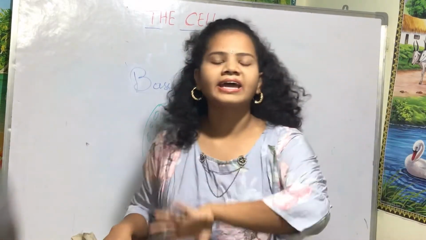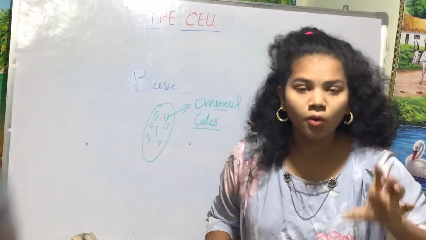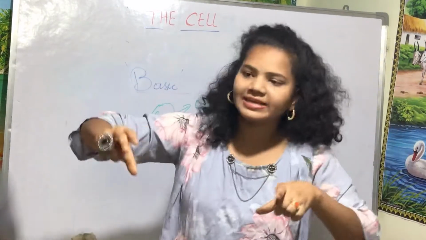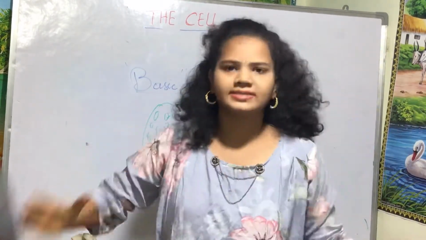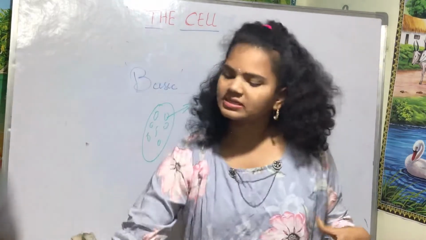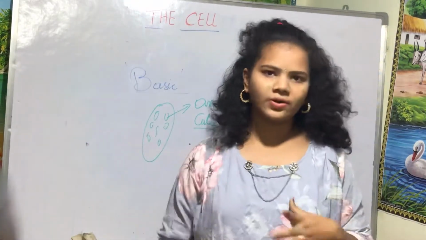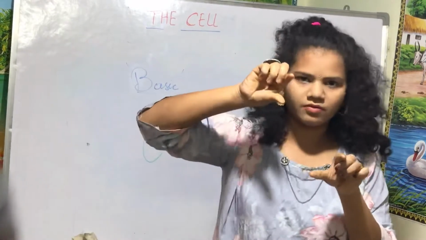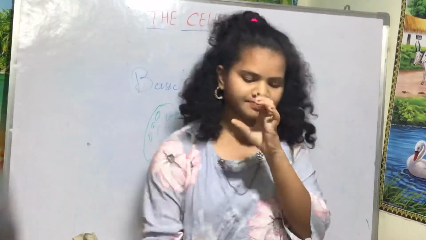And then came Robert Hooke. So this Robert Hooke firstly discovered the cell as he scraped the bark of a tree. He took a bit of cork and placed it under his microscope.